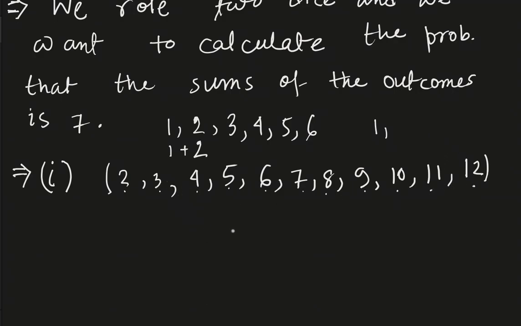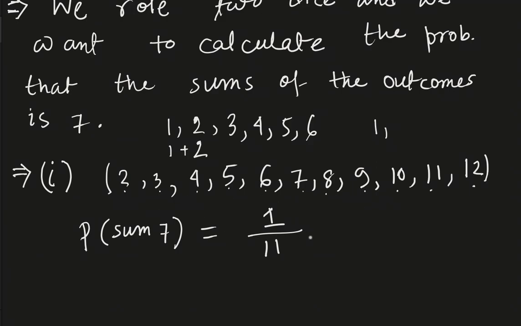Now out of these sums, how many times does 7 occur? Once, so that means we can deduce the probability that the sum is 7, one of these 11 outcomes.